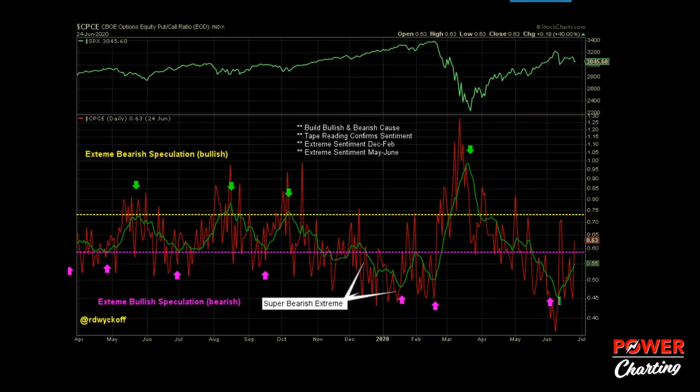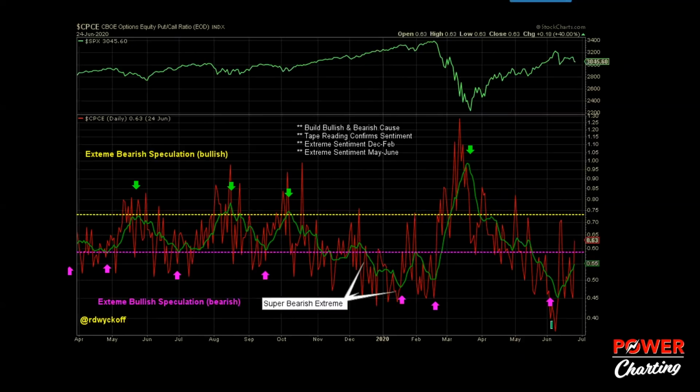And you can see here the green line, which is the 10-day average of this data, became very, very call buying oriented, very bullish speculation here, which is bearish for the market. This reading in January and February was a record at the time, which was exceeded in June, which shows that there's a lot of speculation in options.